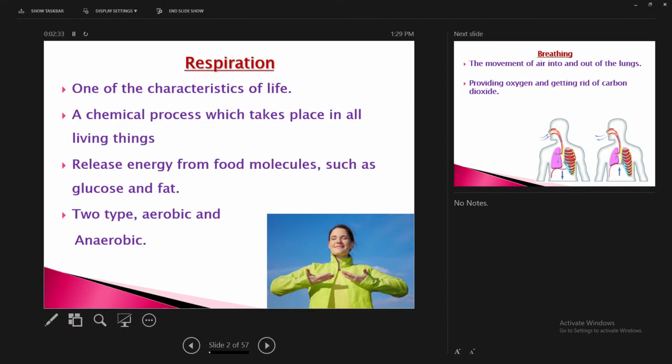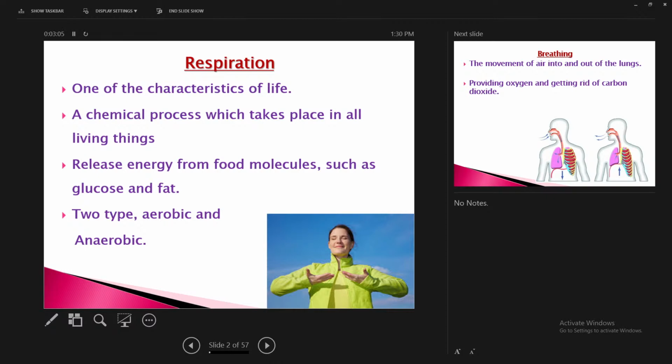The second point is that it is a chemical process which takes place in all living organisms, because once an organism is considered to be living, that organism is going to need energy to move from point A to point B or to carry out the different functions. So it is of course a chemical process.